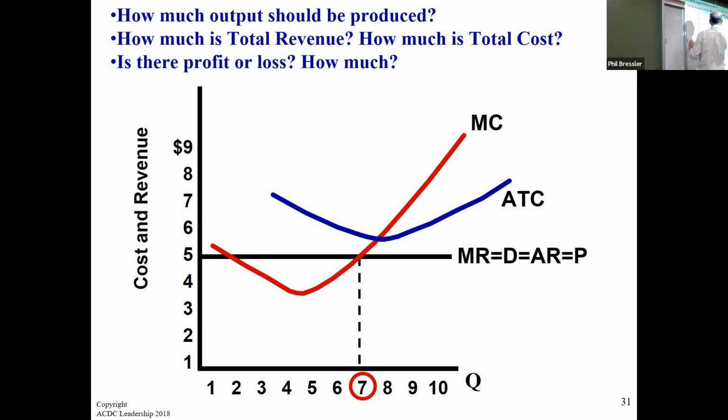You'd be losing 12. What'd you lose at 7? 10. So you have to realize that at 8, my marginal cost is greater than my marginal revenue. I just made another pizza that cost me 6 while I was getting 5.